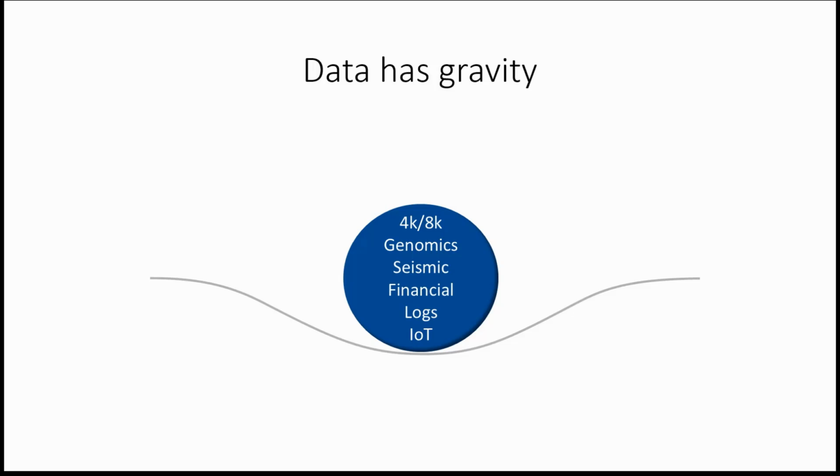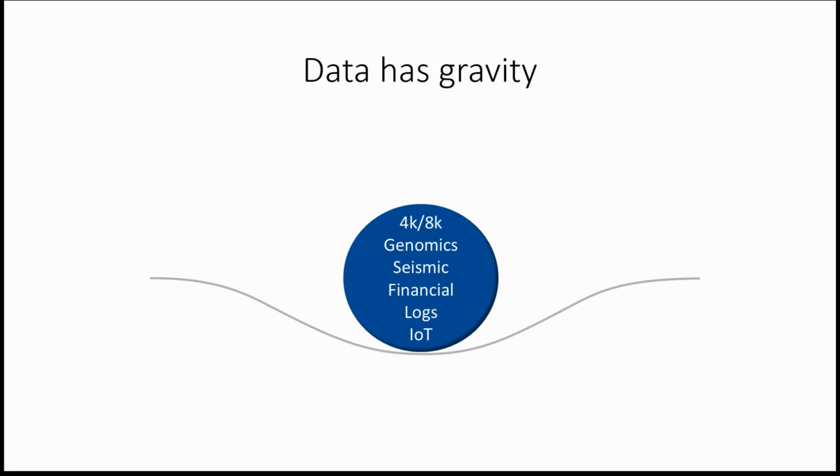Genomic sequencing, obviously: for any particular genome, it takes anywhere from 300 to 500 gigabytes to sequence. So if there are thousands or millions of genomes, that adds up to many, many exabytes very quickly. Seismic data, financial log file analysis, and IoT, when there are billions of objects writing a stream simultaneously, can also lead to many petabytes being driven simultaneously.